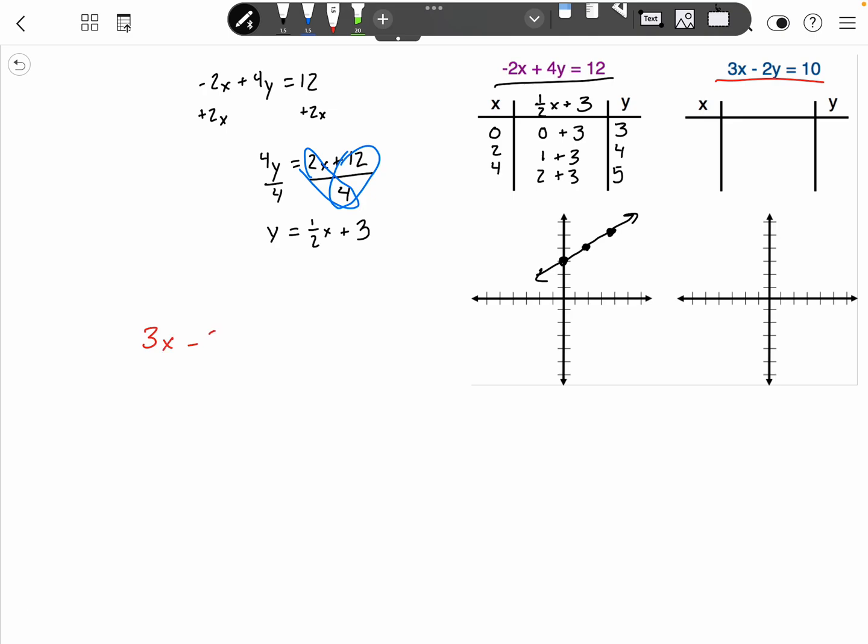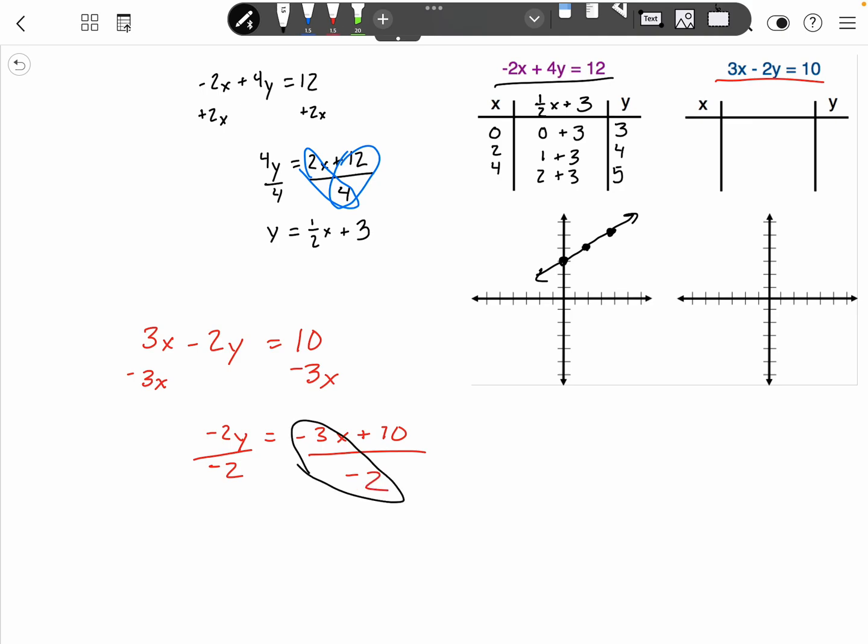So I'm going to do 3x minus 2y equals 10. I'm going to solve for y, so I'm going to do minus 3x. Minus 3x. So I'm left with negative 2y equals negative 3x plus 10. And then I need to divide by negative 2. So I'm going to do the same thing I did before. Simplify.